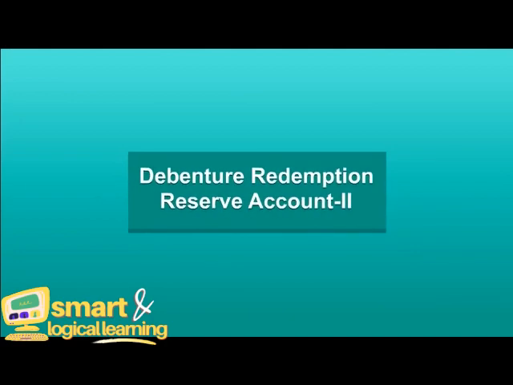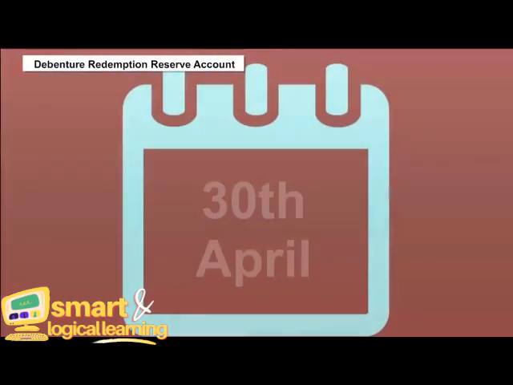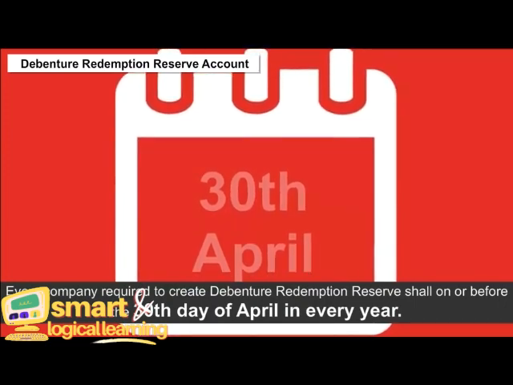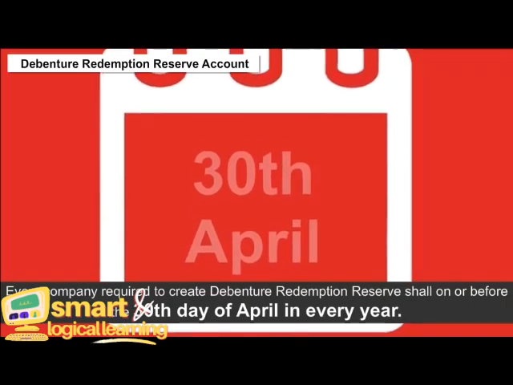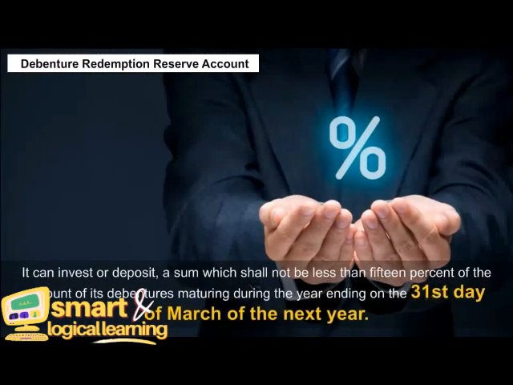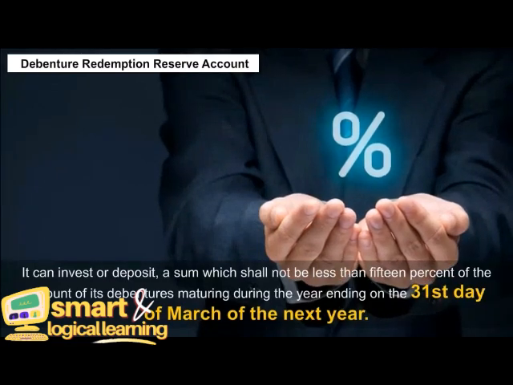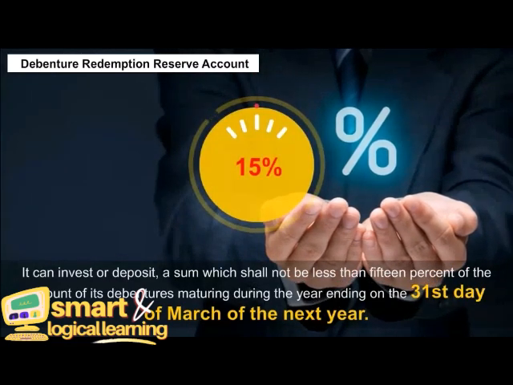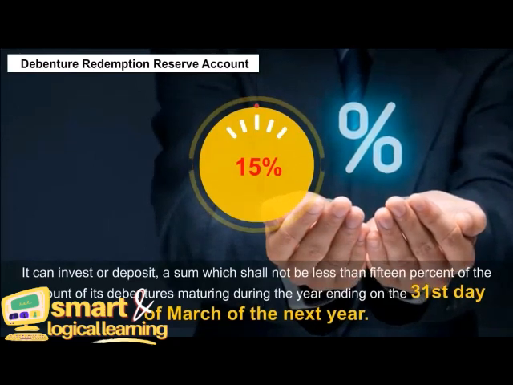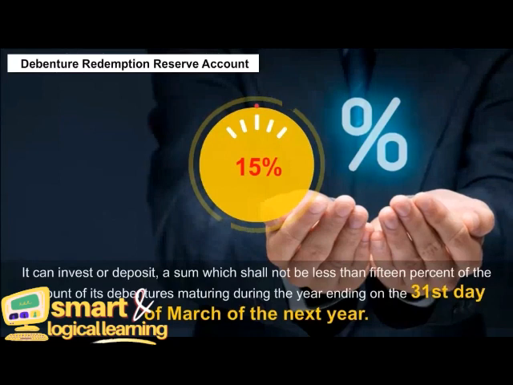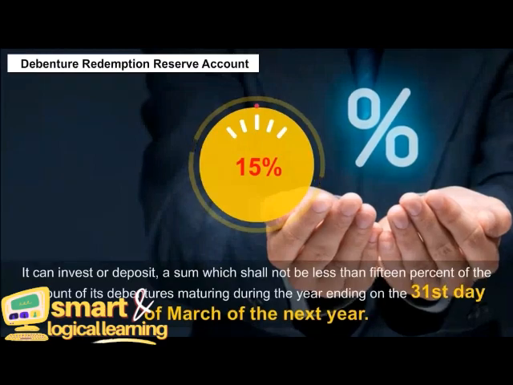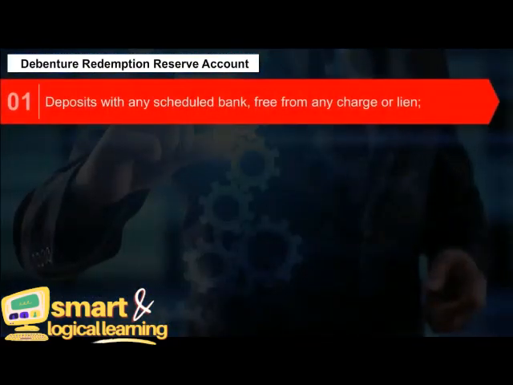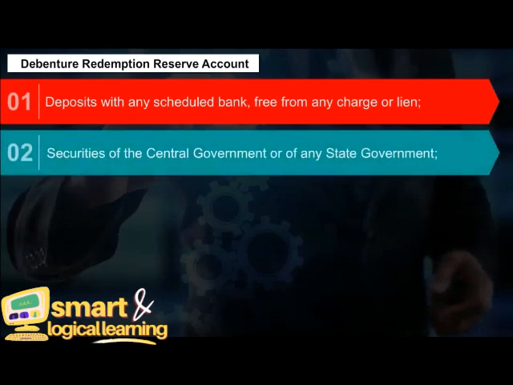Debenture Redemption Reserve Account 2. C. Every company required to create debenture redemption reserve shall, on or before the 30th day of April in every year, invest or deposit a sum which shall not be less than 15% of the amount of its debentures maturing during the year ending on the 31st day of March of the next year, in any one or more of the following methods, namely: 1. Deposits with any scheduled bank, free from any charge or lien. 2.